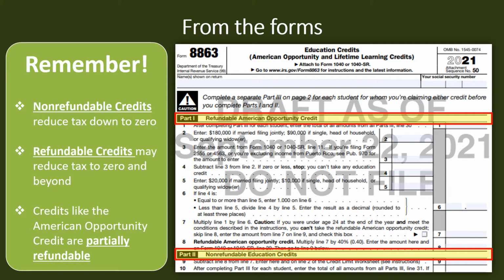So you'll notice that Part 1 says refundable American Opportunity Credit, so the refundable portion is going to flow through that part of the form, and then the non-refundable portion flows through with the other, the Lifetime Learning Credit, which is not refundable.